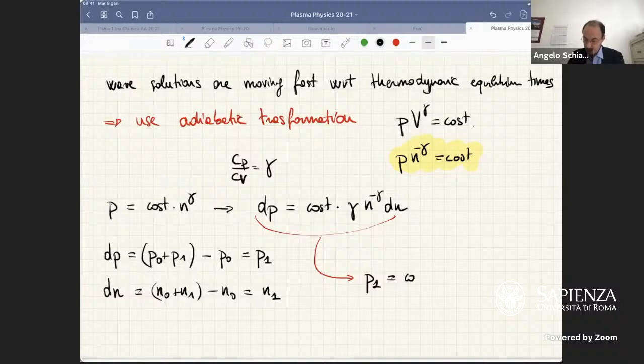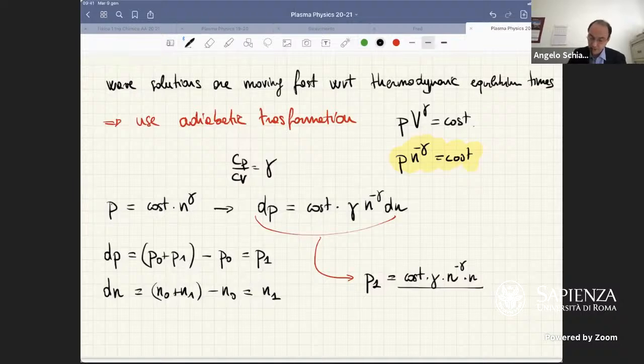So we can write our equation here as P1, the perturbation in pressure, is equal to a constant times gamma times n to the minus gamma, and we can multiply and divide.